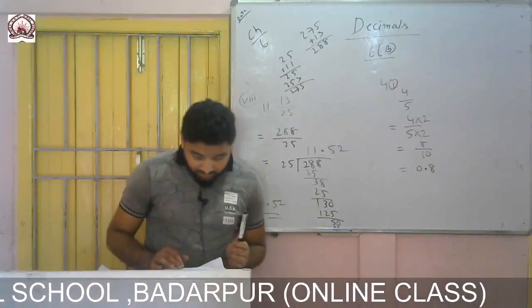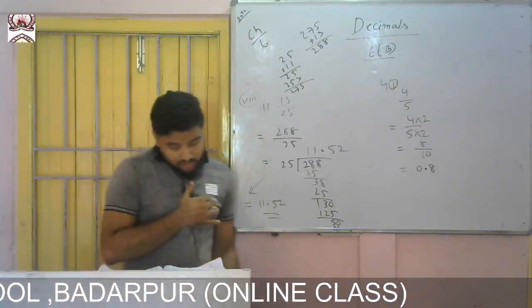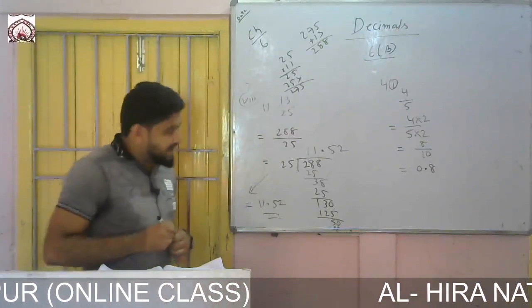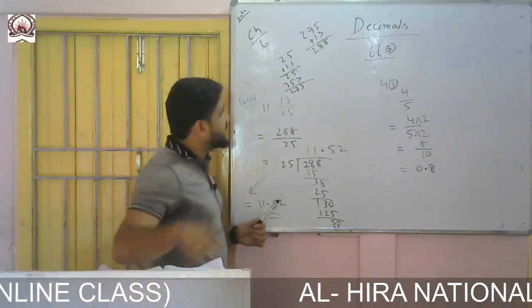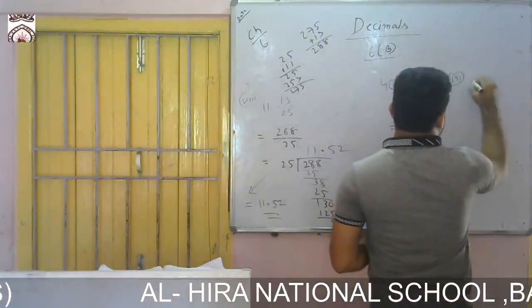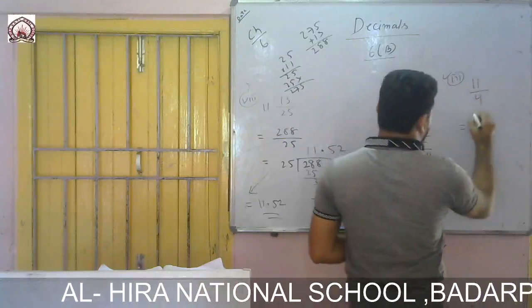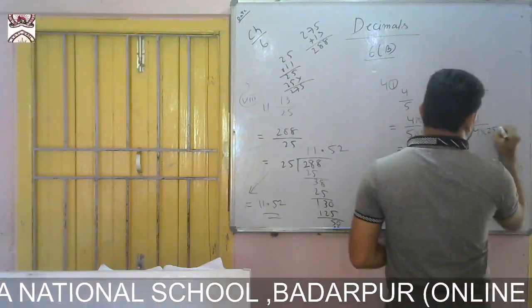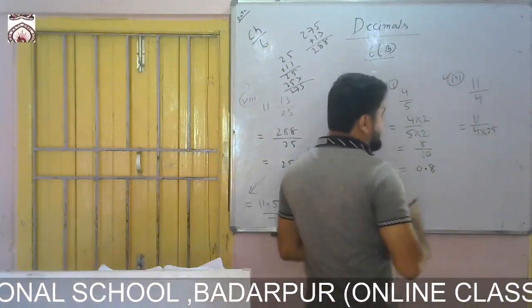Now come to question number 3. You see, 11 by 4. If I make it a multiple of 100, multiply by 25.